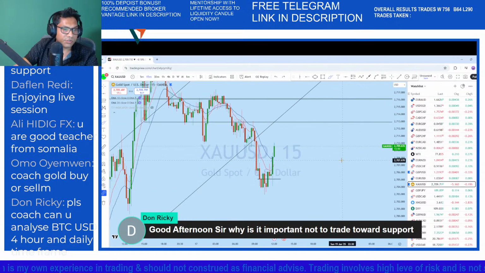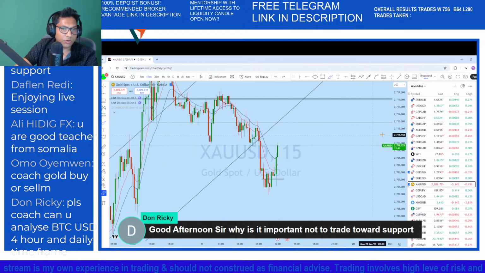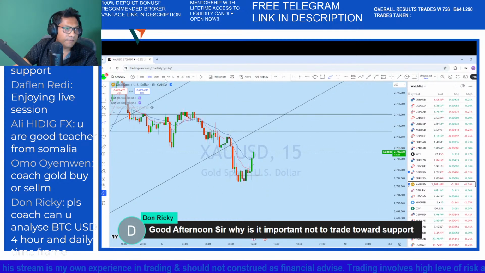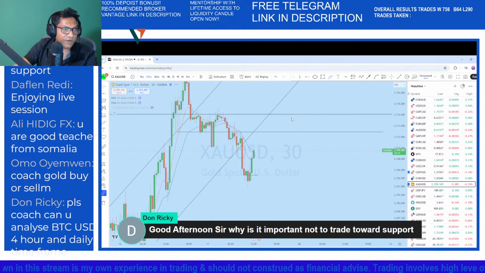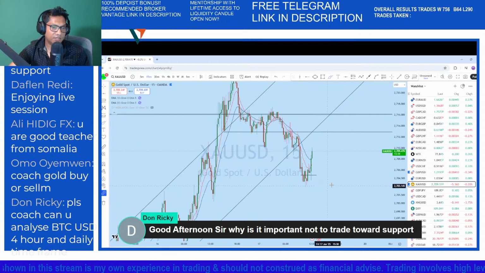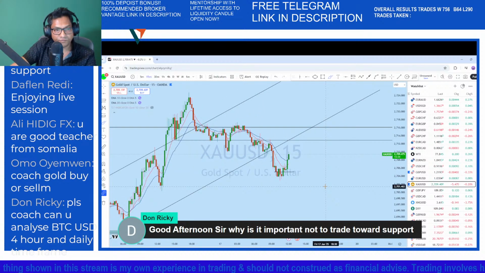On the 15 minutes perspective, we can expect the price to go ahead and potentially create a new higher high. And looking at the lower time frame, 15 minutes, we can also see the market trend is locally to the upside.